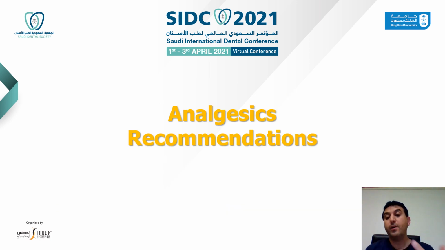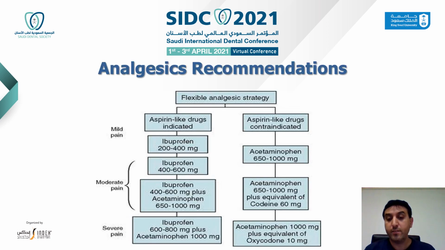Now, when we talk about the recommendation, this is a famous graph that you will find in most of the literature and textbooks. It's a flexible way to prescribe the analgesics. Two tracks.